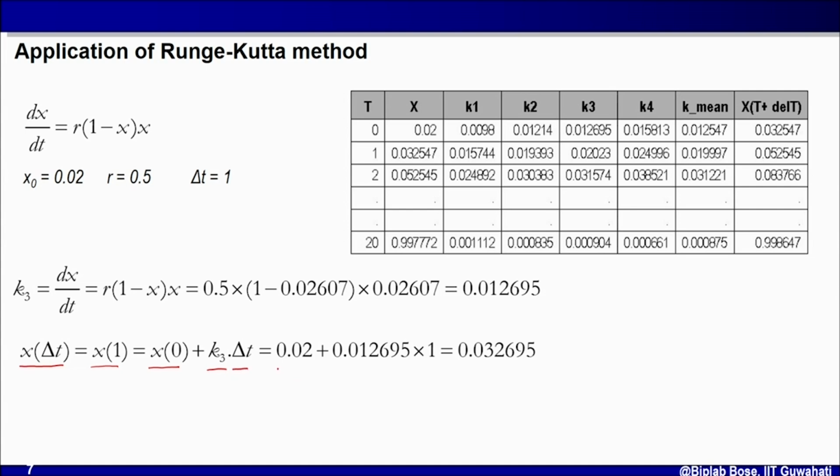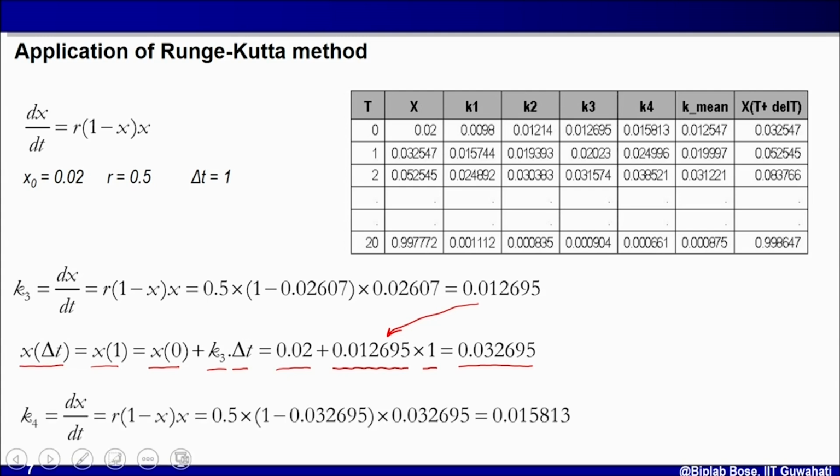If I put numerical values, x at 0 is 0.02, that is the initial condition, plus the slope that I have calculated in the last step into 1, where 1 is the time step size, is equal to 0.032695. That is the value of x when I extrapolate the straight line having slope K3 from x at 0.